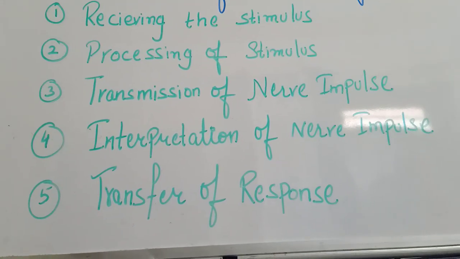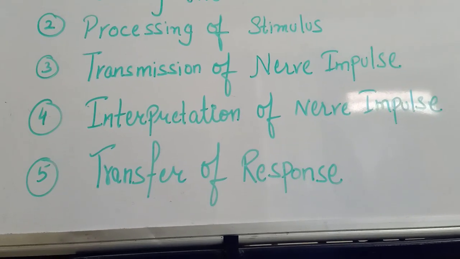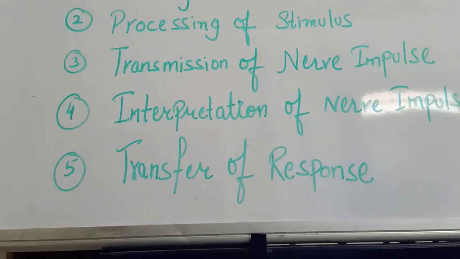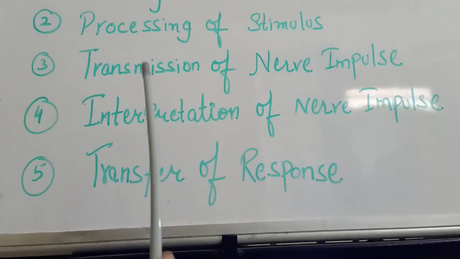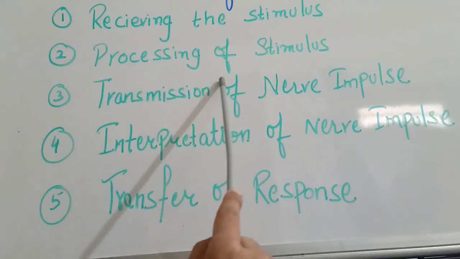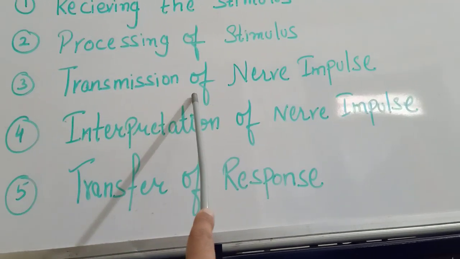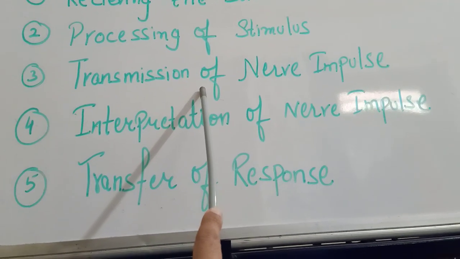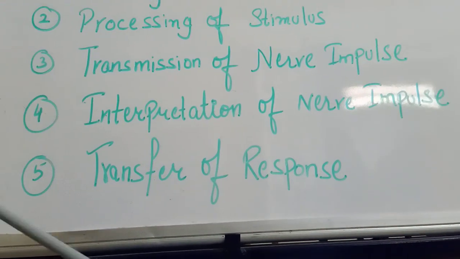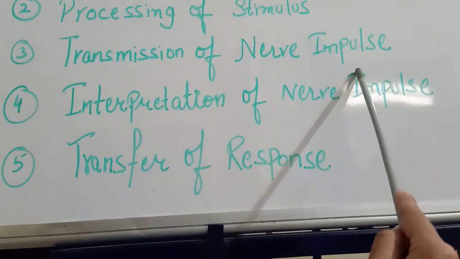The electric impulse is a kind of electrical current that is created after the receptors take the stimuli. Now this will be processed, and after it is created, it will be transmitted to the brain as well as the spinal cord with the help of the nerve impulse. So the message moves along the nerve fiber in the form of a nerve impulse.